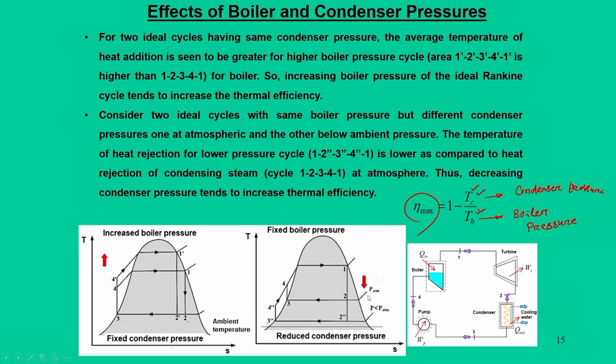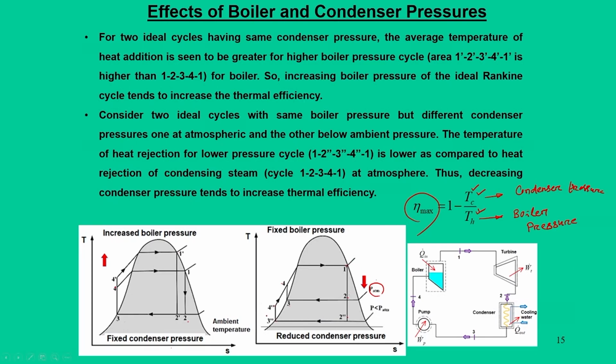The other side of the story is that for the actual Rankine cycle at a fixed boiler pressure, if I drop the condenser pressure down, which means that in normal circumstances the water should come down at atmospheric pressure, but intentionally I keep the condenser pressure below atmospheric, so that 2 becomes 2 double dash. The initial cycle 1, 2, 3, 4 and 1 now becomes 1, 2 double dash, 3 double dash, 4 double dash.